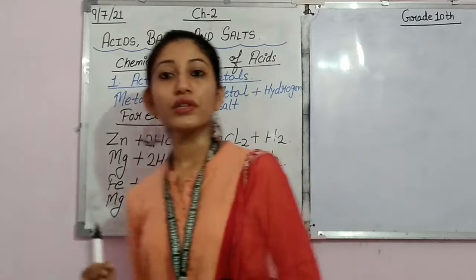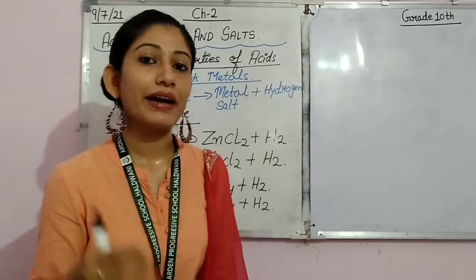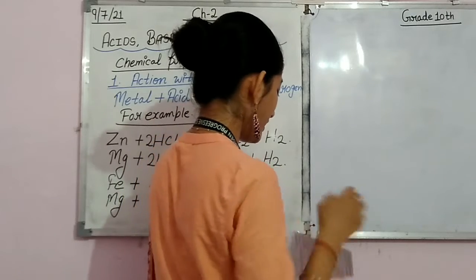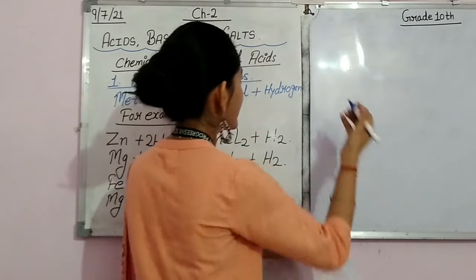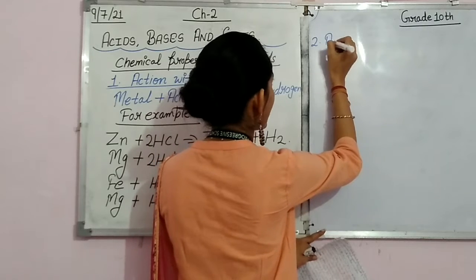Now let's move to the second type of reaction: acids reacting with metal oxides. The second type is action with metal oxides.